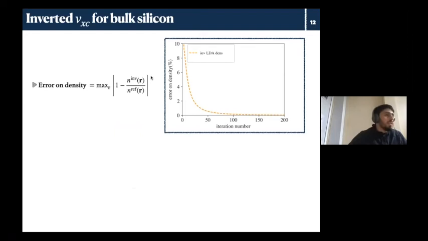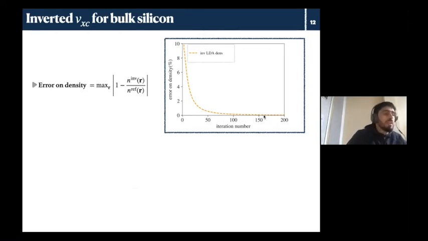Here I have a check for this algorithm on the LDA density. So I inverted the LDA density to get the LDA VXC. And I show the error of the density, the maximum error on the entire cell, as a function of the iteration number.